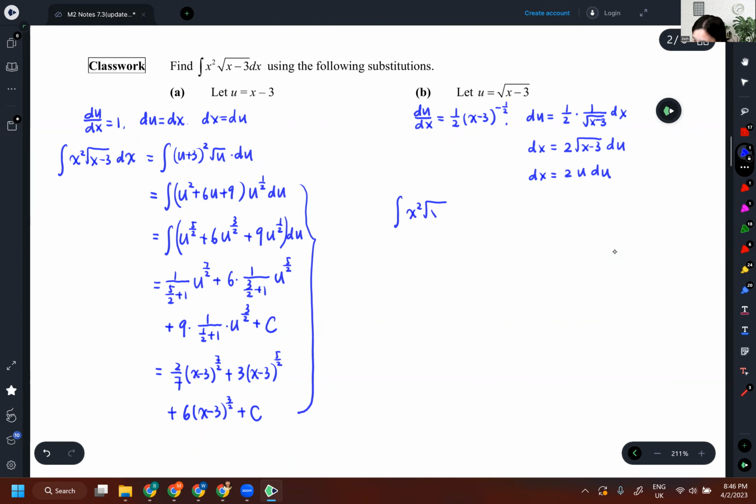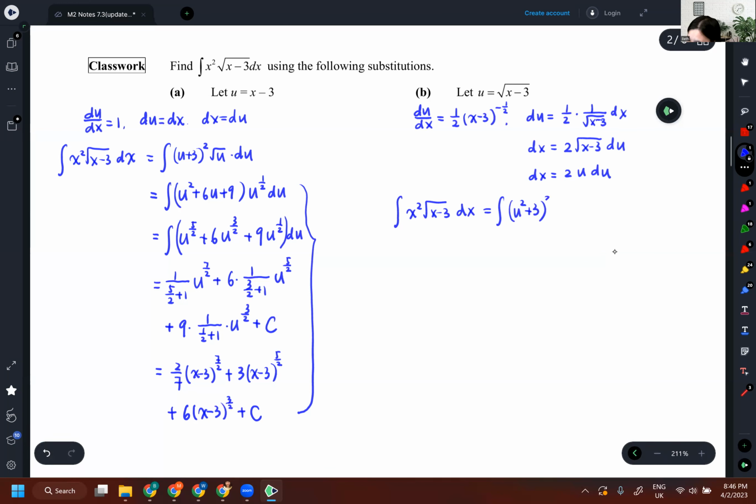x squared, square root of x minus 3, dx. Right now, it's x squared. Now first x squared is (u squared plus 3) squared. That's x squared. And the second one is u.